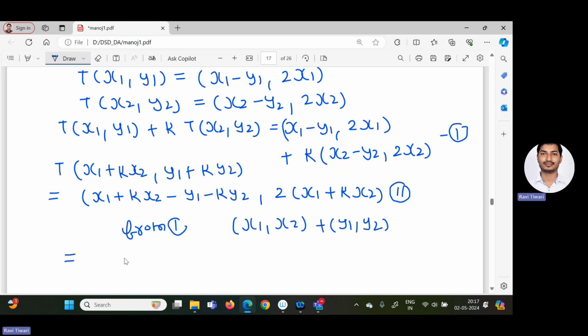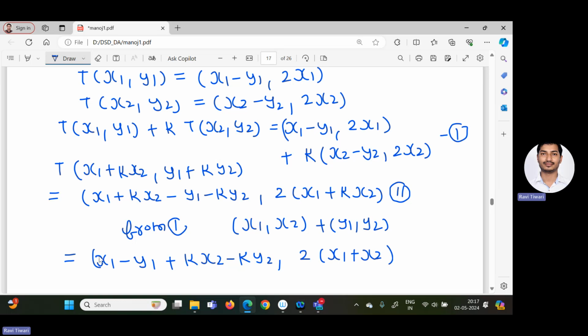Equation first, we can write the right hand side of equation first as x1 minus y1 plus k times x2 minus kx2 minus ky2, comma, second component 2 times x1 plus x2.